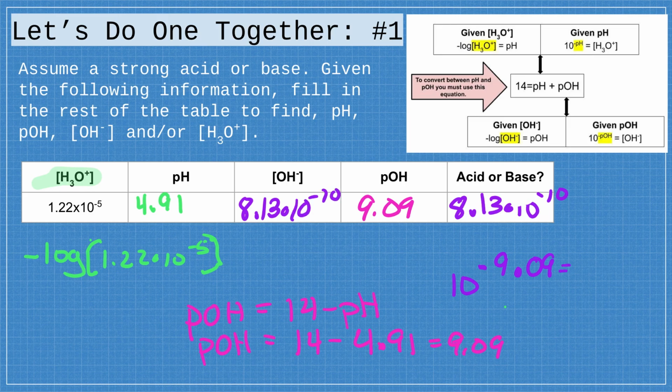And that does have a unit of concentration, which would be molar. Okay? So this should also have a unit of molar. And it's an acid. It's an acid because the pH is lower than 7.